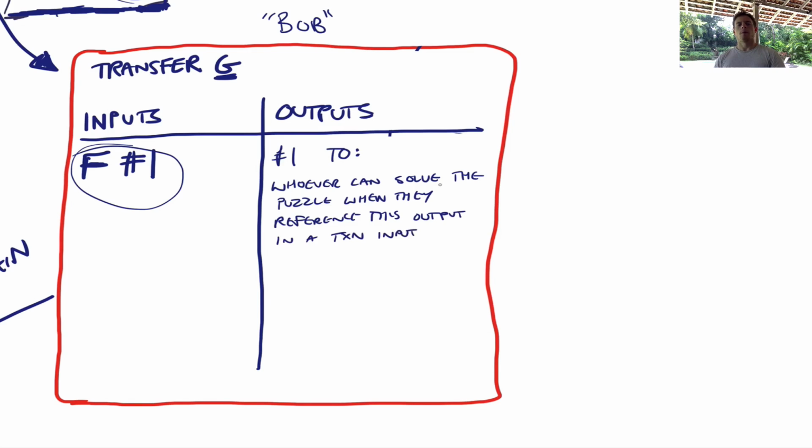In other words, if anybody can solve the following puzzle and reference this transaction output, transfer G, output 1, providing a solution to the following puzzle, and I'll write it in a second, then they will be able to reference this UTXO, and therefore spend this UTXO, right?